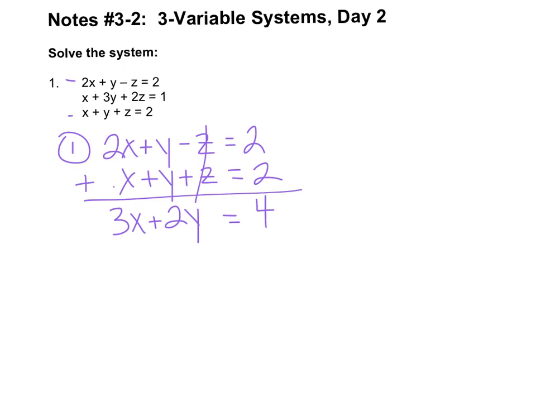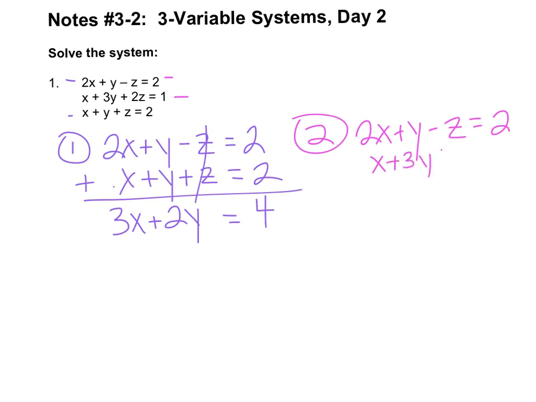So your step 2 is going to be to use 2 other equations, but eliminate the same variable that you eliminated in the first step. So I'm going to use the first and the second equation, but again, we want to eliminate the same variable. So I'm going to write down 2x plus y minus z equals 2. And then I'm going to write down the second one, x plus 3y plus 2z equals 1.